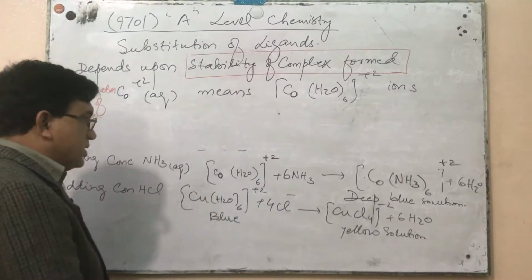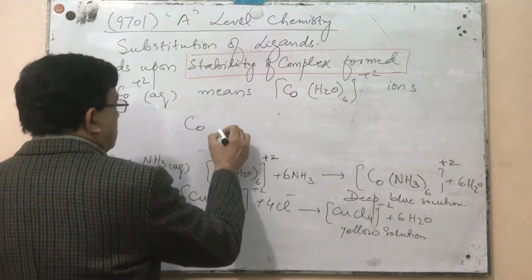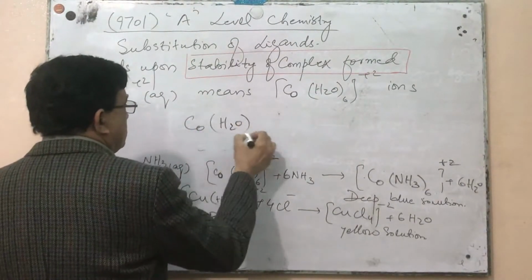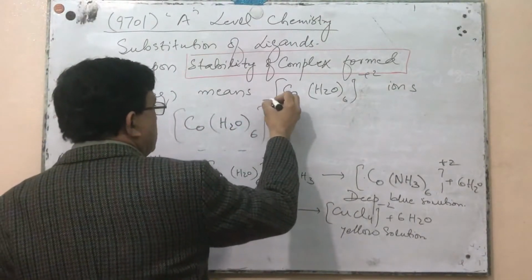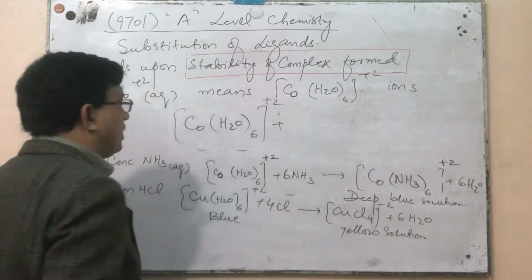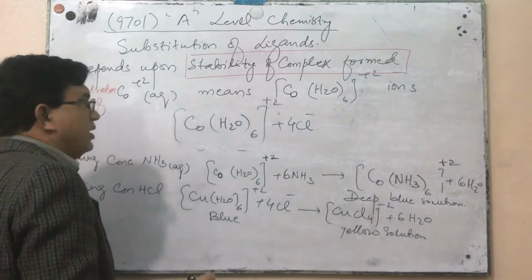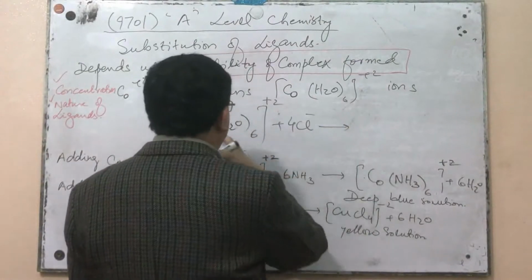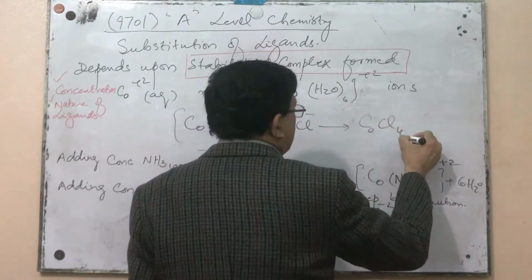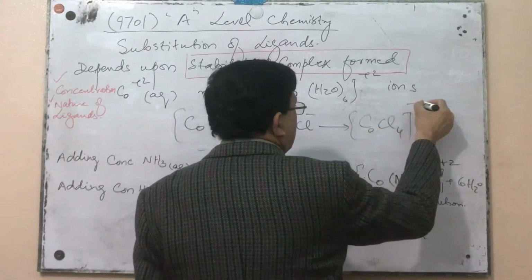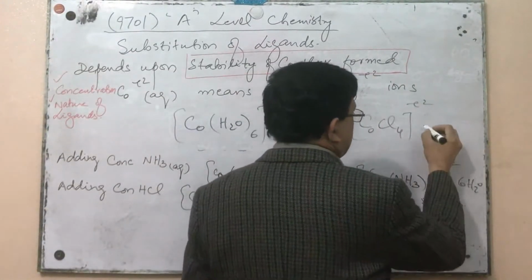Now, if we treat the cobalt hexa aqua solution with concentrated HCl, 4 chloride ions displace all 6 water molecules, and we get the tetrachlorocobalt 2 ion, producing 6 water molecules.